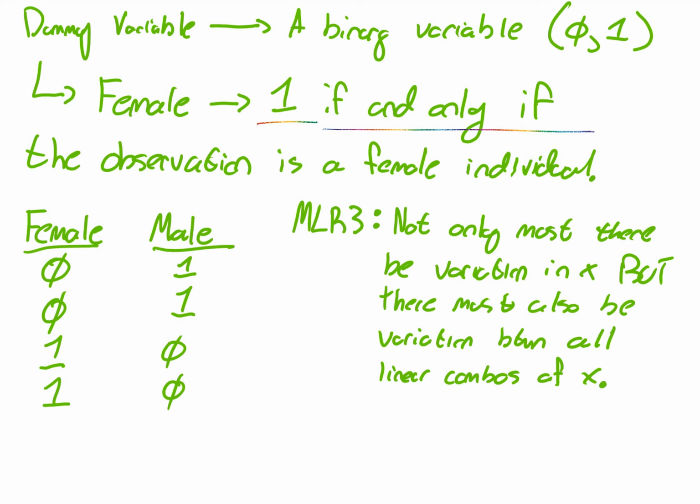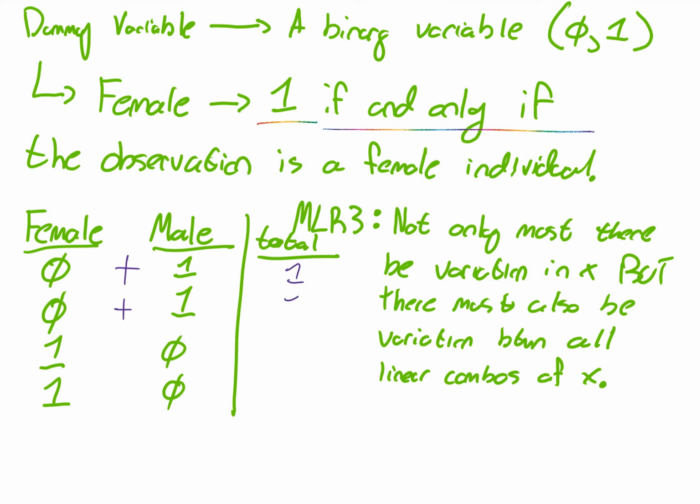So if we take the linear combination, if we combine female and male, let's make a new column here called total, and we add female plus male, we're going to get 1. Female plus male, we're going to get 1.